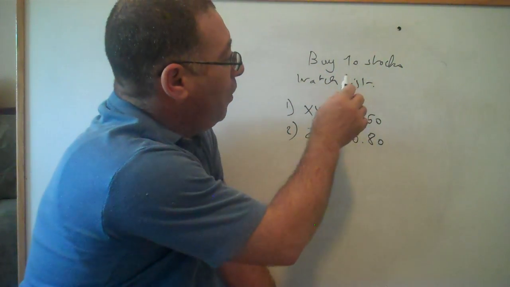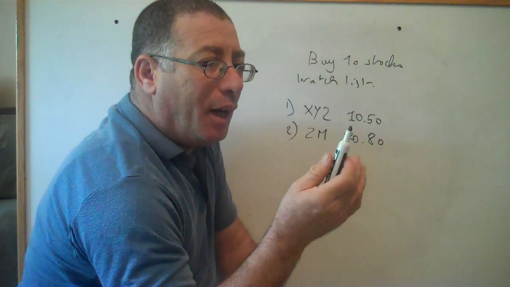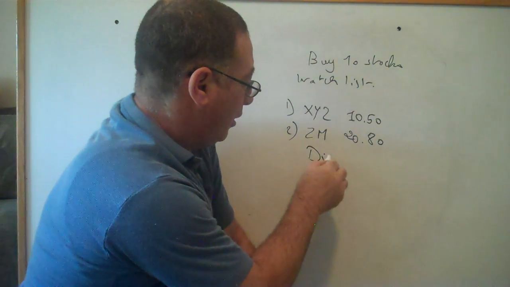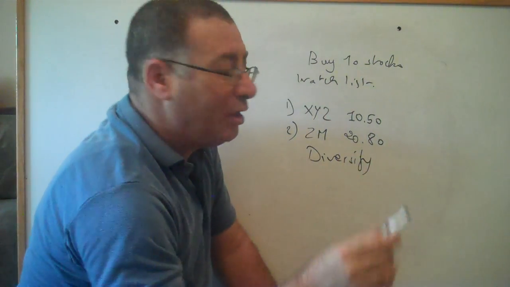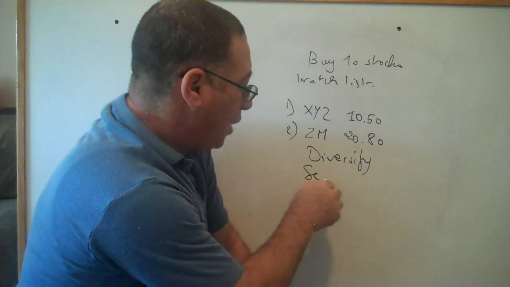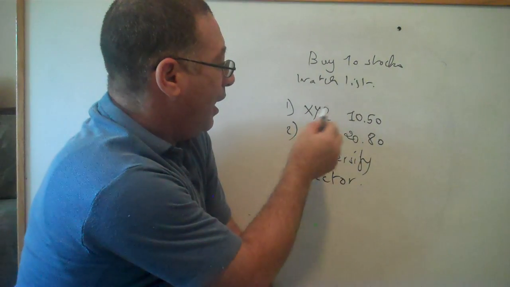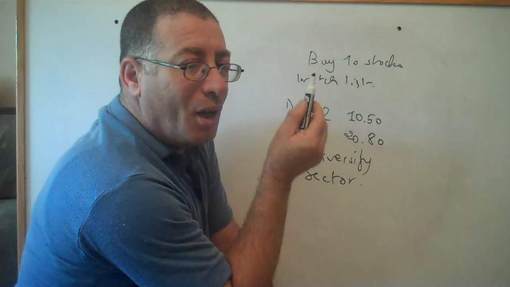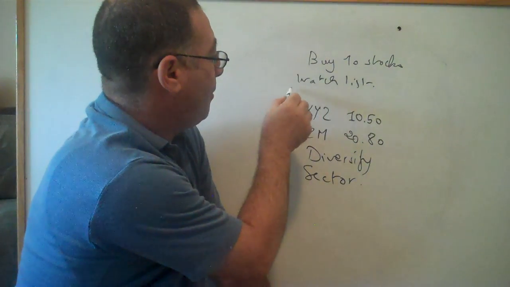Now, when I say you should diversify, it means you don't buy in the same sector. You should have different sectors. For example, this is a pharmacy or drug stock.